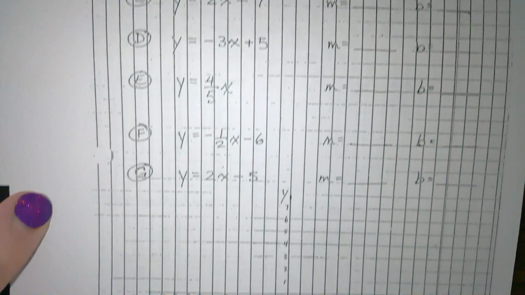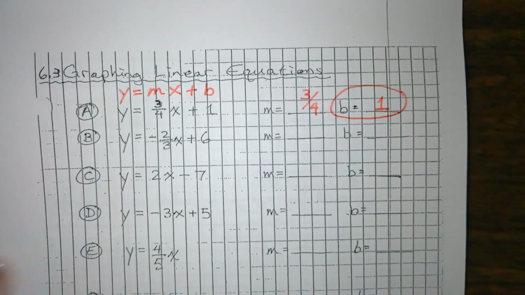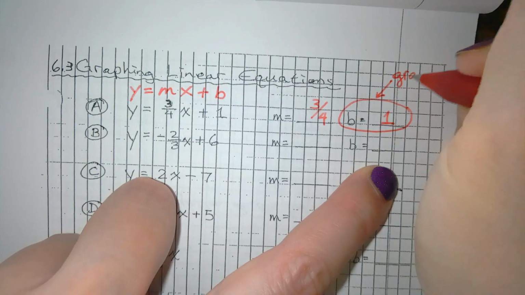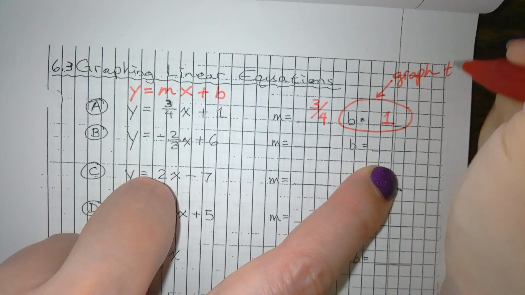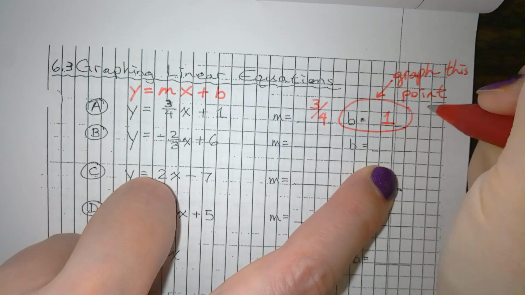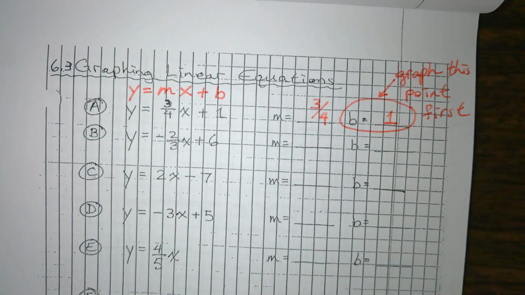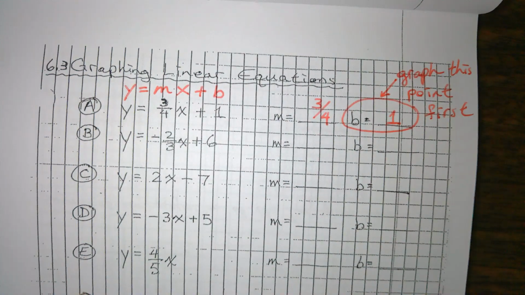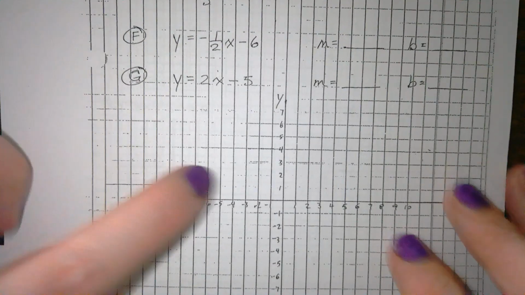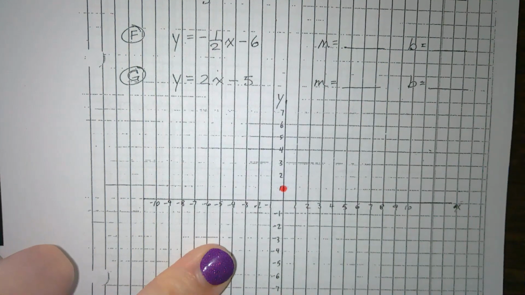So the graph right here, we always graph the b first. Graph this point first. What does b represent in a graph, Sophia? Y-intercept, right? So on the graph, I can plot a point right here at 1. That's my y-intercept.